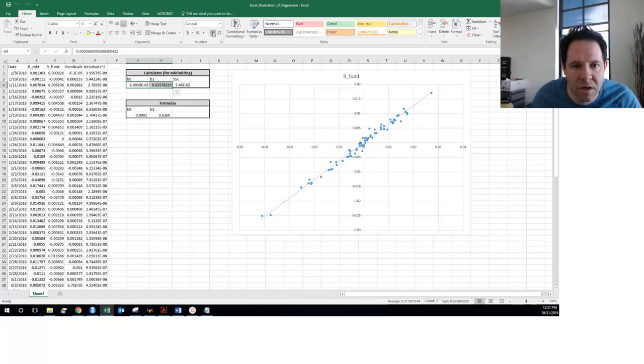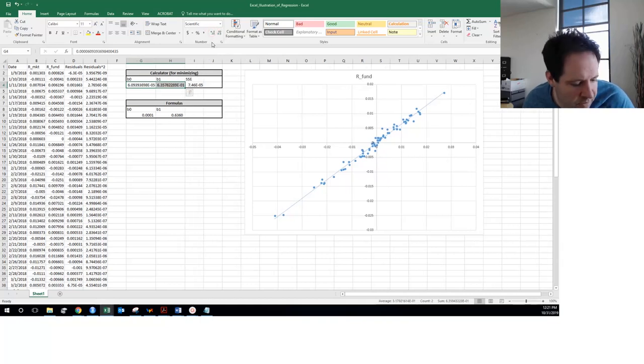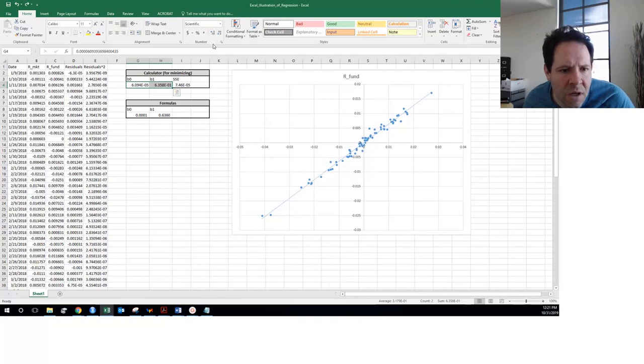So here, let's boil this down to the same number of, what is that in scientific notation? Let's make this a smaller number of significant digits, and make this a smaller number of significant digits.